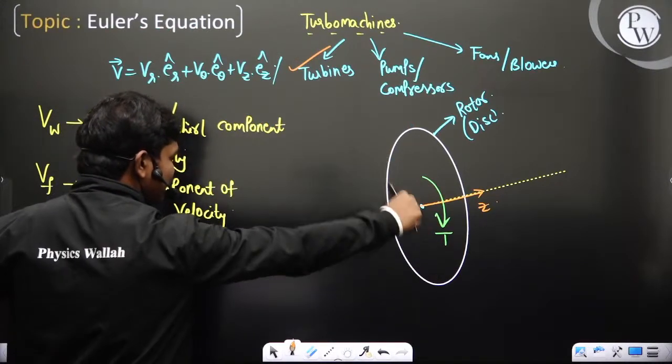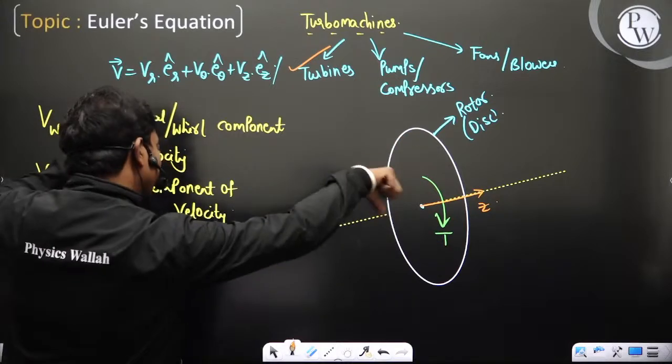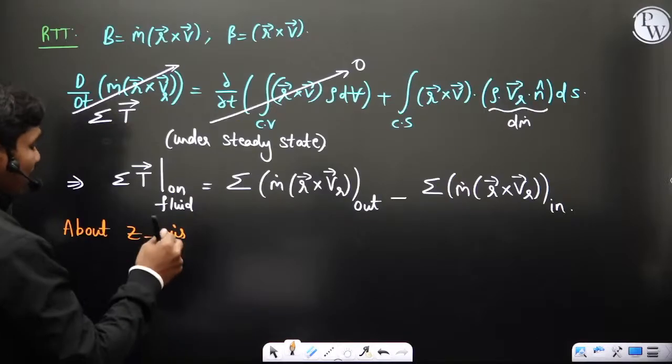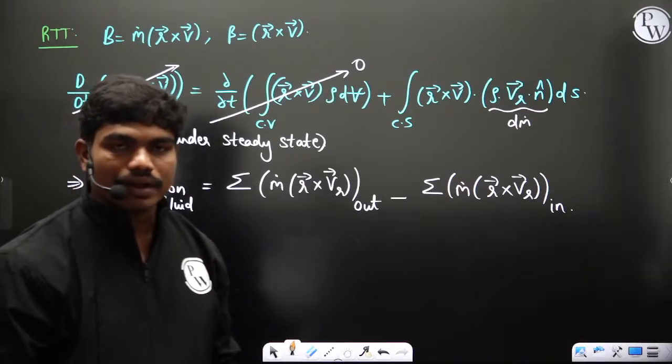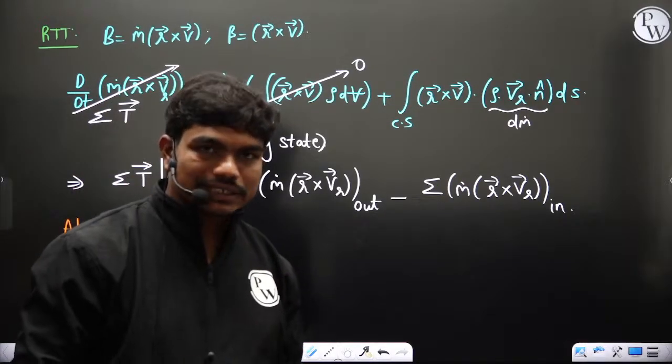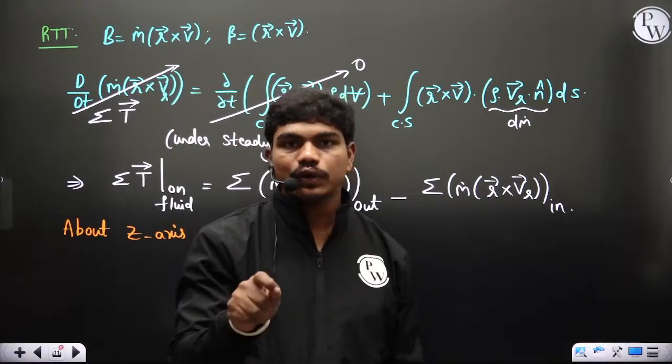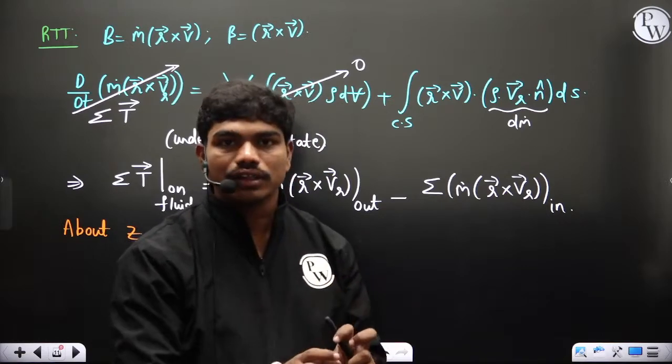If it's acting about the radial or theta axis, then definitely the blade or the rotor will twist, which is not required for us. Also the blades are very strong, so normally this doesn't happen. The main reasons of failure of turbines in industries, if you see carefully, are not due to the bending of the blades and all those things.